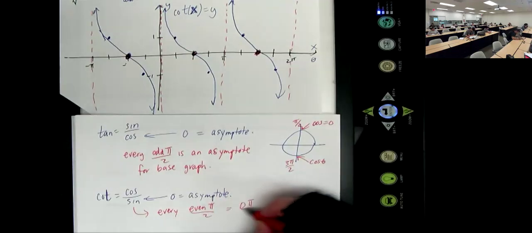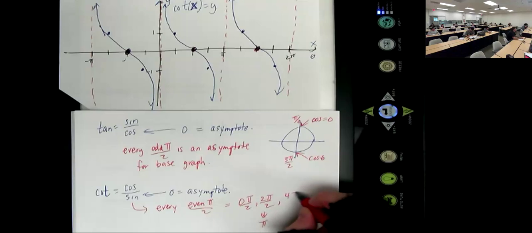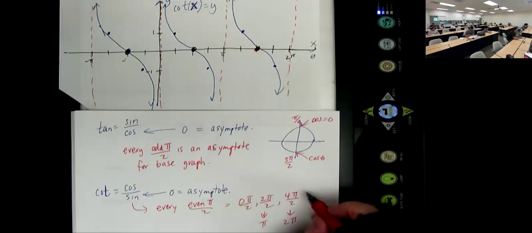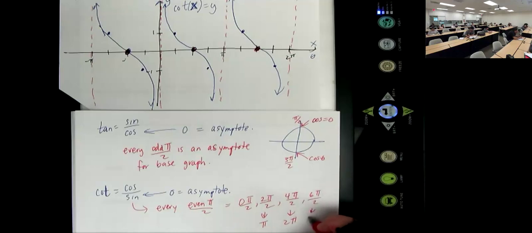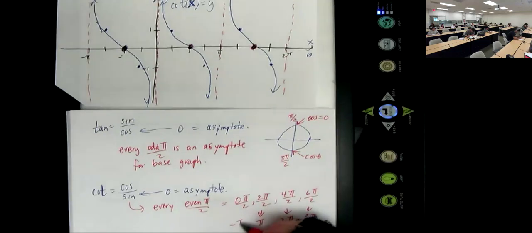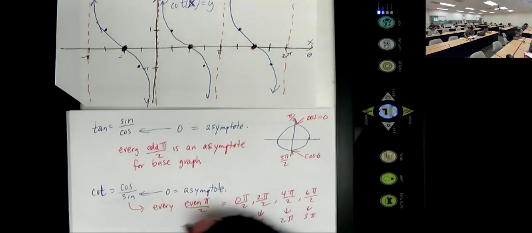Zero pi over 2, 2 pi over 2, which is just pi, 4 pi over 2, which is just 2 pi. And same thing going the other direction. We'll have a negative pi in there, 0 is obviously in there, negative pi, negative 2 pi.